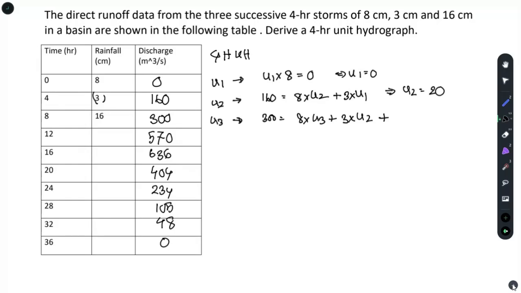And for 16 centimeter rainfall, it is in its first hour, so for that first hour, I will multiply it with U1. I know the value of U2, that is 20, and I know the value of U1, that is 0. So 20 multiplied by 3, that is 60. 300 minus 60, that would be 240. 240 divided by 8, I will get a value of 30.